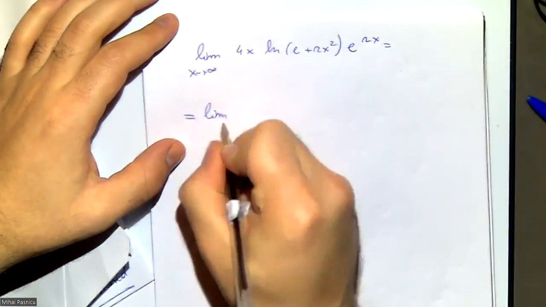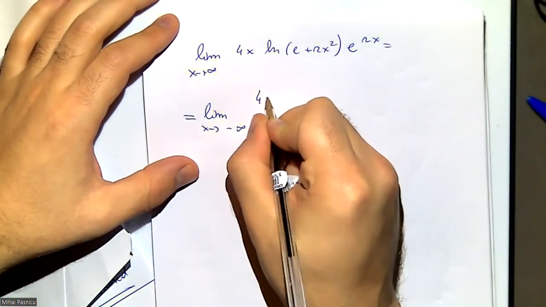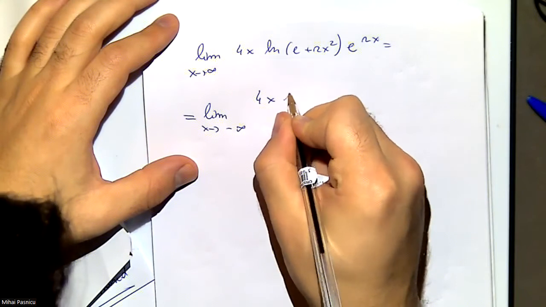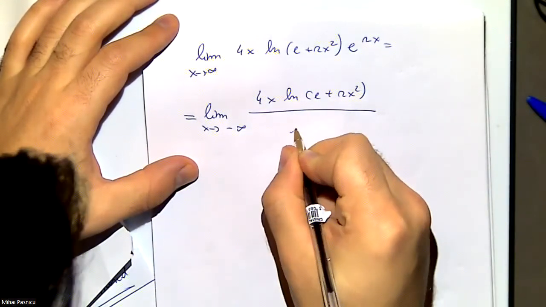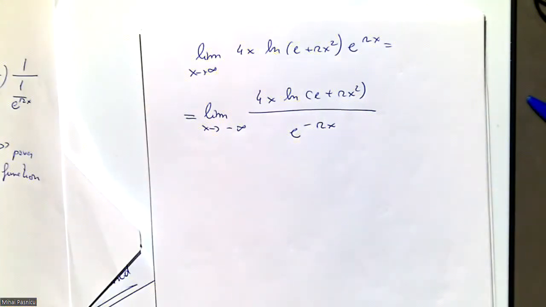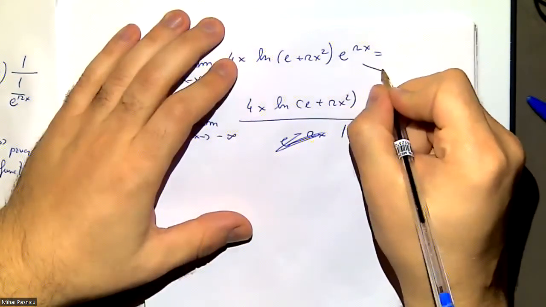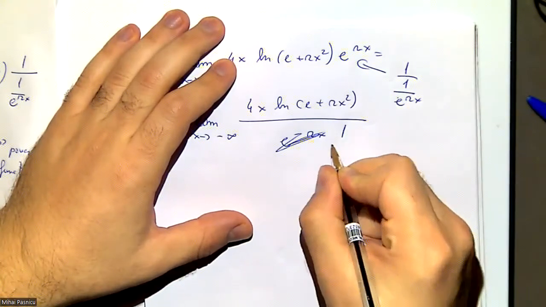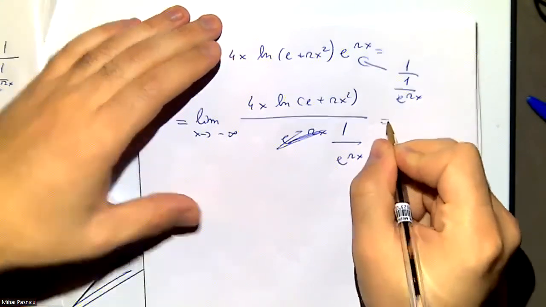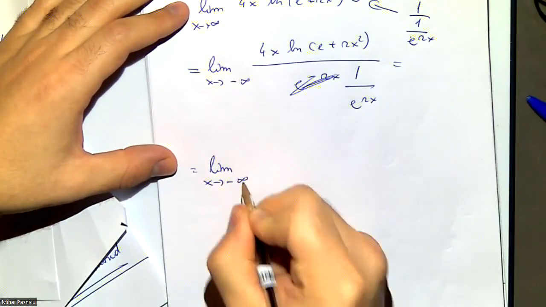I'm going to get the limit as x goes to minus infinity of 4x ln e plus rx squared e to the minus rx. I'll write one more step. The idea is that I'm writing this thing as 1 over 1 over e to the rx. So this is 1 over e to the rx, which is just equal to the limit as x goes to minus infinity.